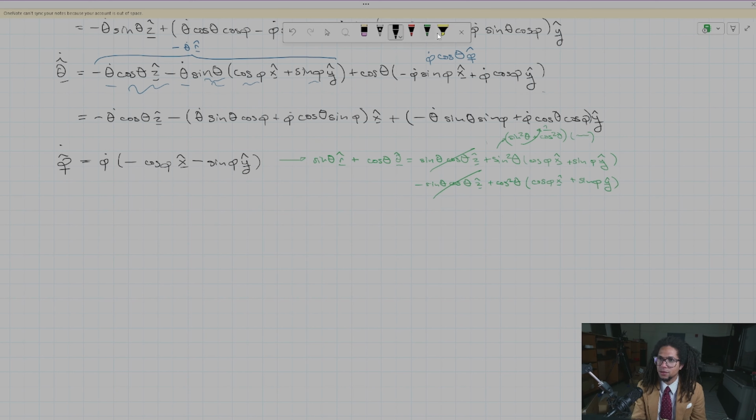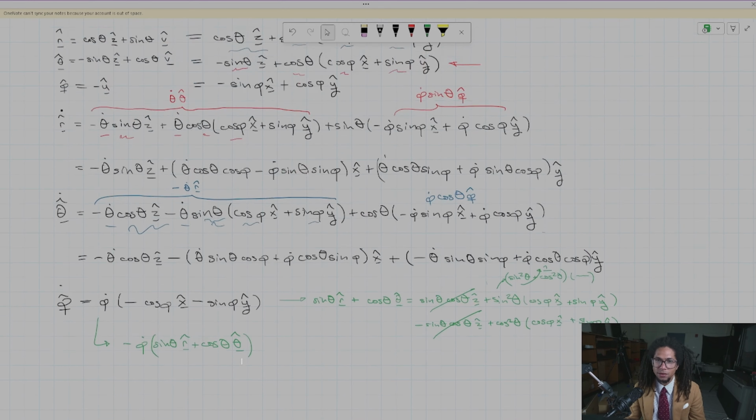This is equal to minus phi dot times sine theta r hat plus cos theta theta hat. Great.